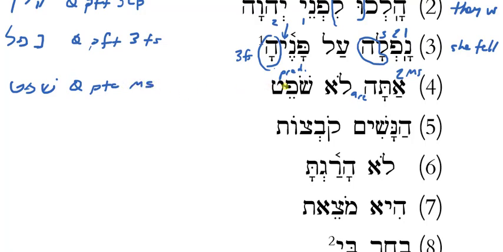Remember, participles don't have person, just gender and number. So it's just ms. You remember that? All right, so you are not judging. Now, is there another way to take this instead of the participle functioning as a predicate use?